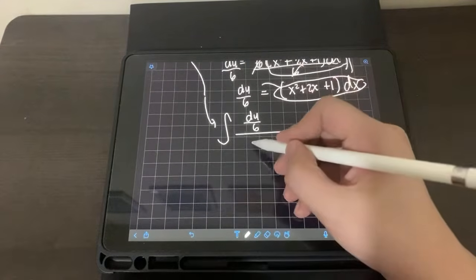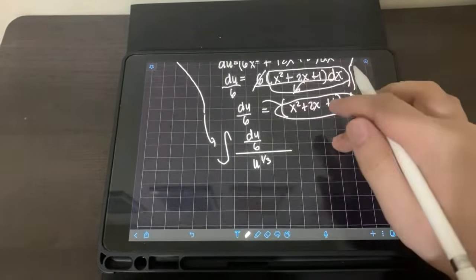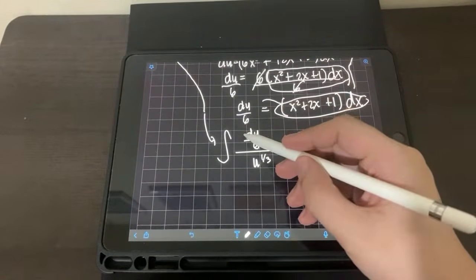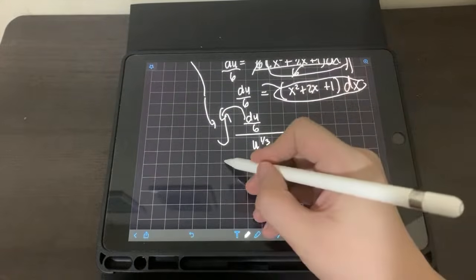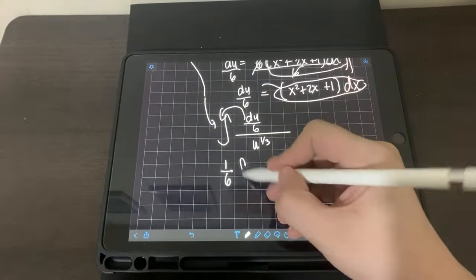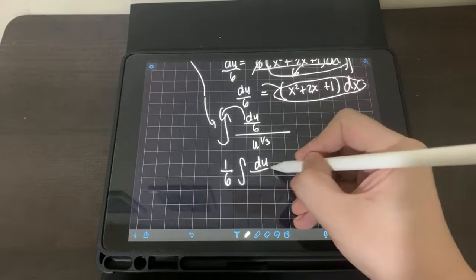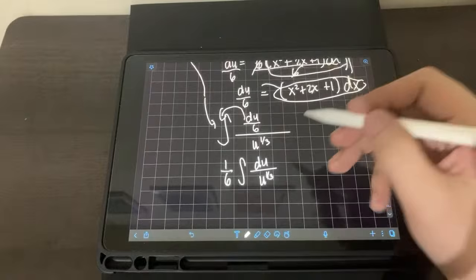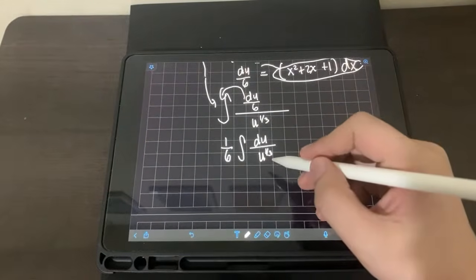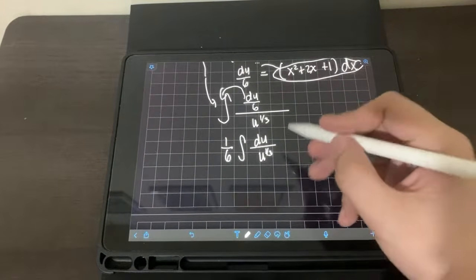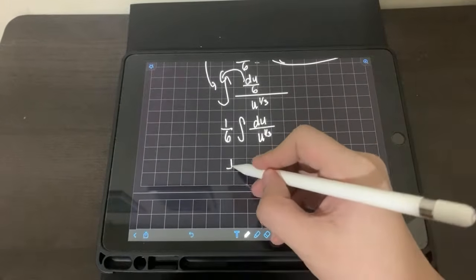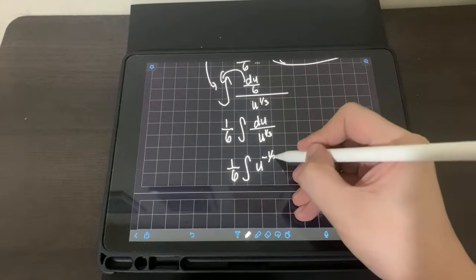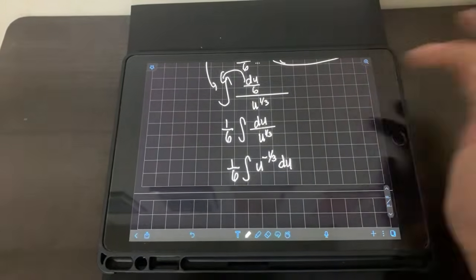So, over u to the 1/3. This 1/6 is a constant, so set it aside. So, it becomes 1/6 integral of du over u to the 1/3. So, make this u to the 1/3 in the denominator a negative exponent. So, it becomes 1/6 integral of u to the negative 1/3 du.